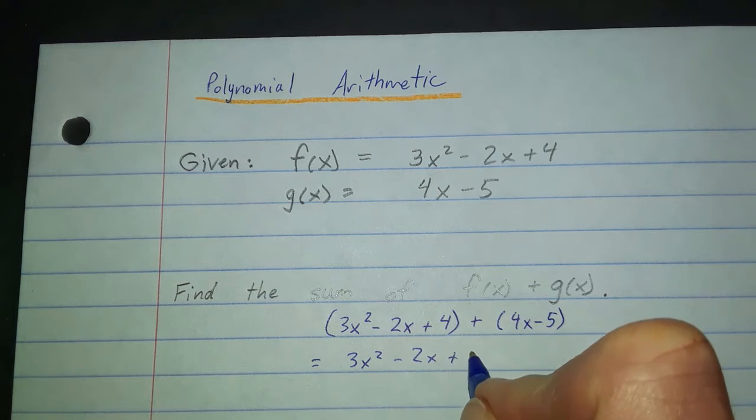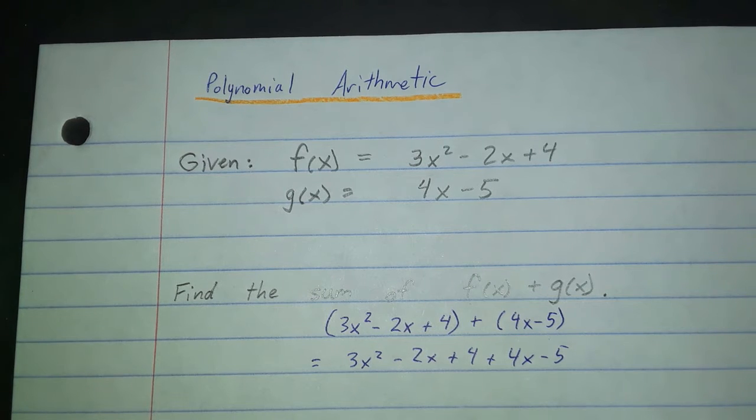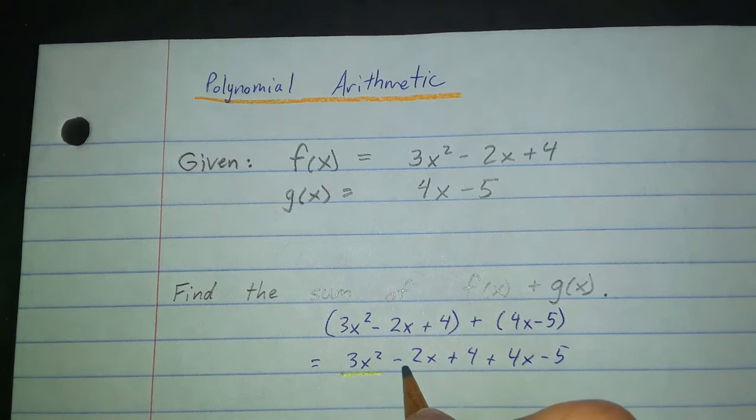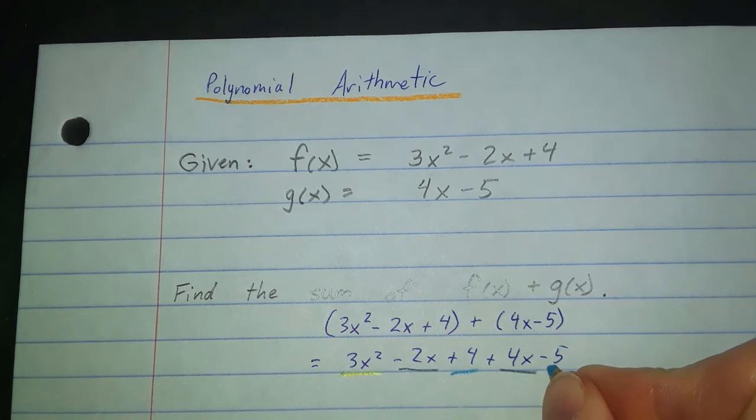And then after I drop the parentheses, I'm going to bring together like terms. So as I look down through here, I have an x squared term. I have an x term and an x term here. And then I have this constant and this constant.